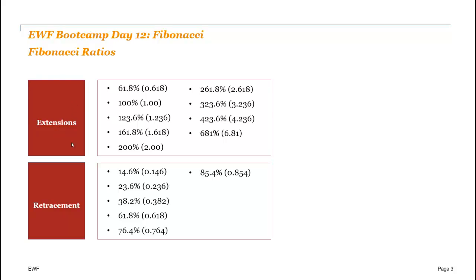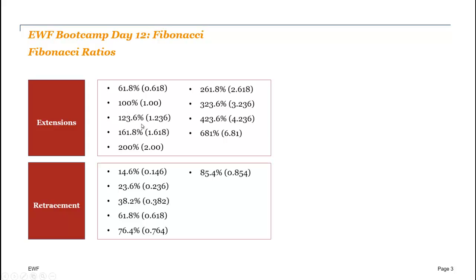Okay, so in the Fibonacci extension, you will need two swings, okay, and you want to measure the third swing target here. And the most important ratios for the Fibonacci extension are 100% and 123.6%, right? So the area between 100% and 123.6% is what we call the equal leg area.